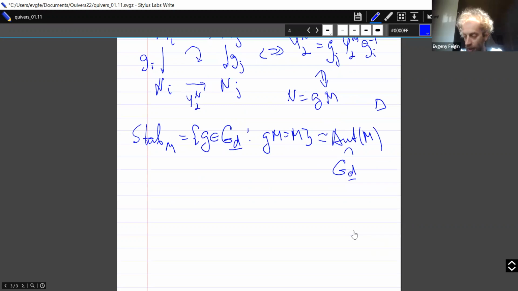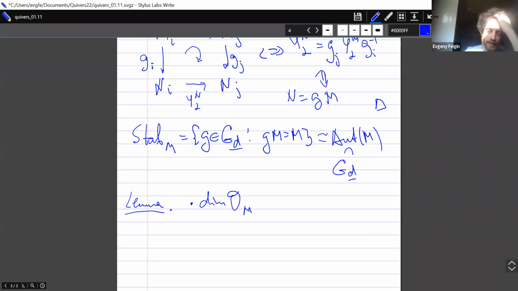Okay, so now why is this somewhat important? Let me formulate this lemma. First of all, what is the dimension of the orbit? We want to consider the orbit of our M, which is just some subvariety, some subset inside the space E_d.